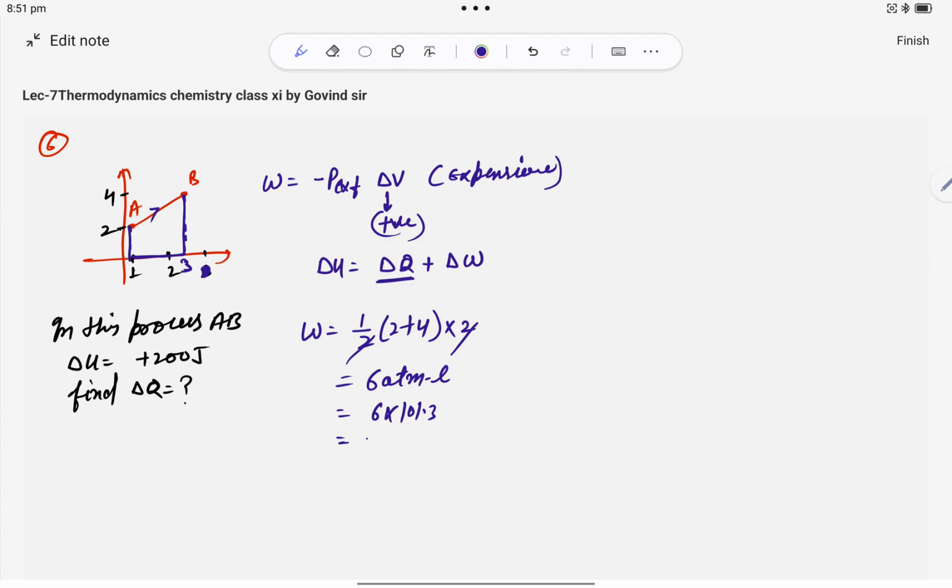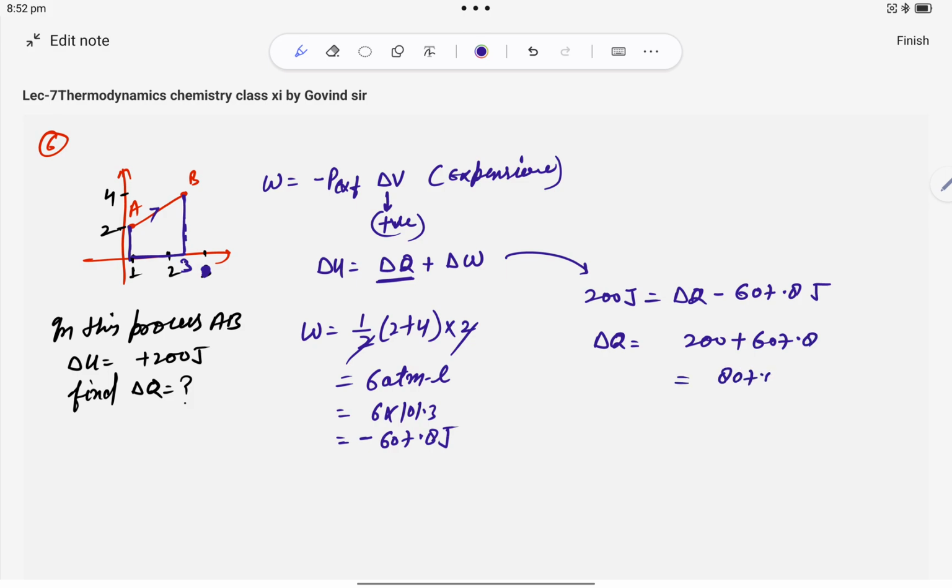It will be minus, because gas expansion then sign will be minus, minus 607.8 joule. So put the value here, children: 200 joule is equal to delta Q minus 607.8, this is also joule. So delta Q is equal to 200 plus 607.8, so it will be 807.8 joule.